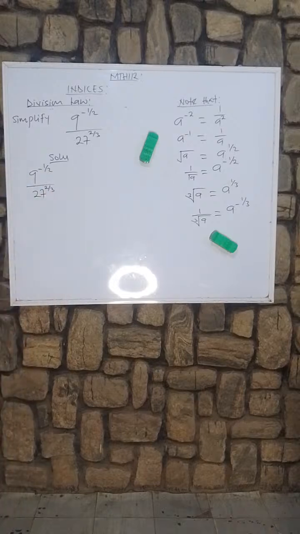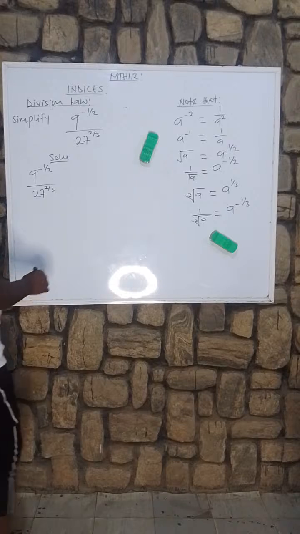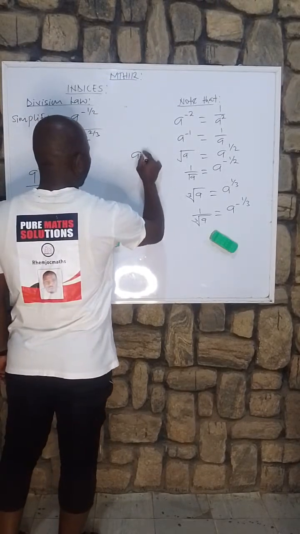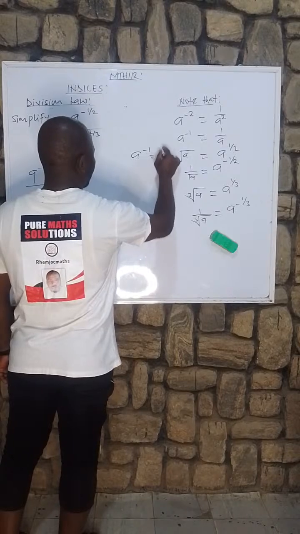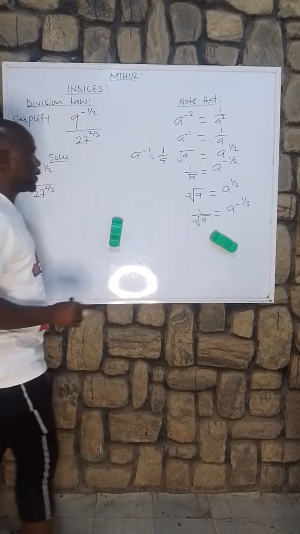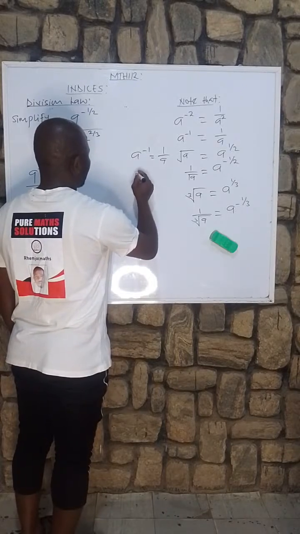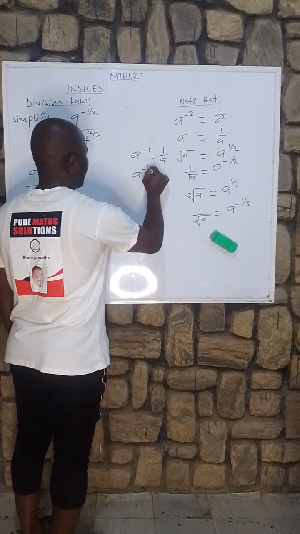Okay? There are so many ways we can simplify this particular problem. Is that clear? So now let us look at it this way. You know, I told you guys that if we have a raised to the power of minus 1, this is the same as 1 all over a, right? Then what if we now have a raised to the power of minus 1 all over 2?